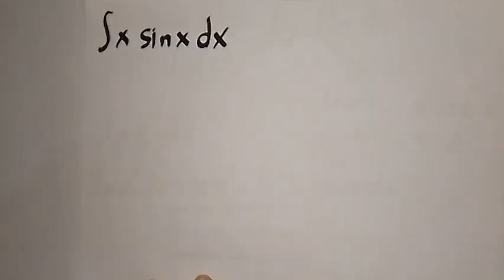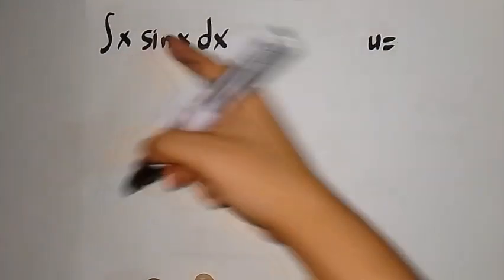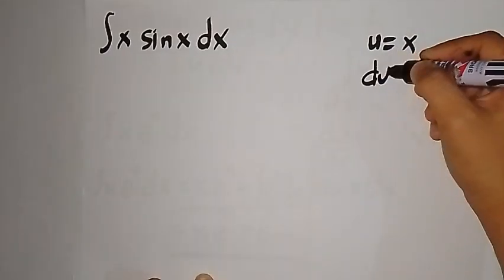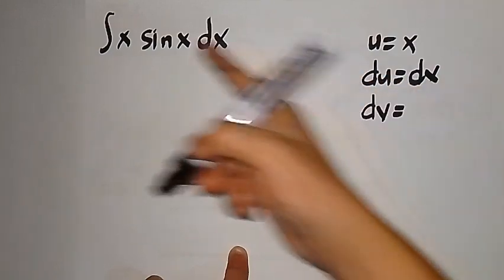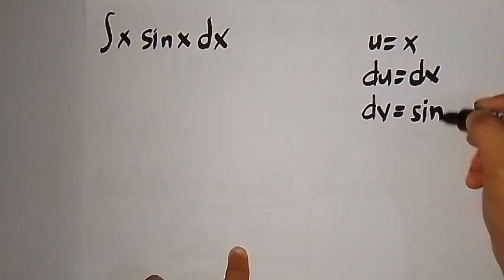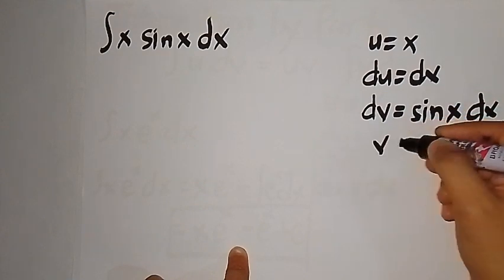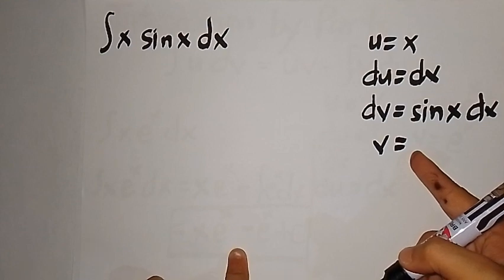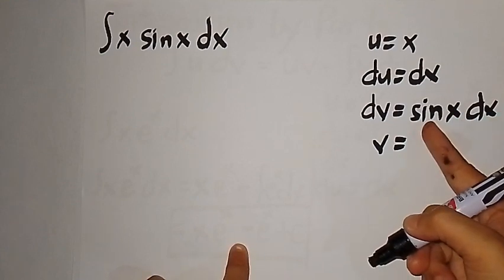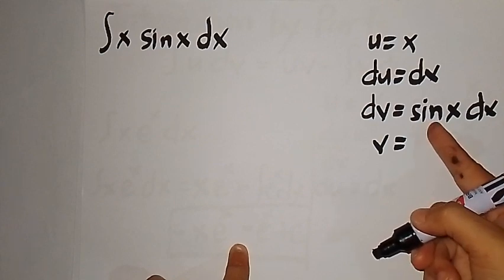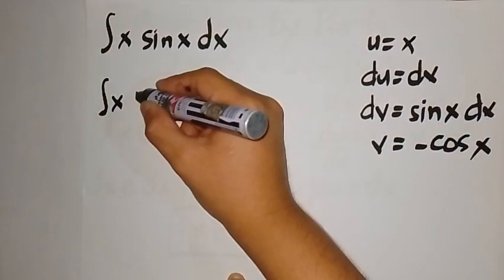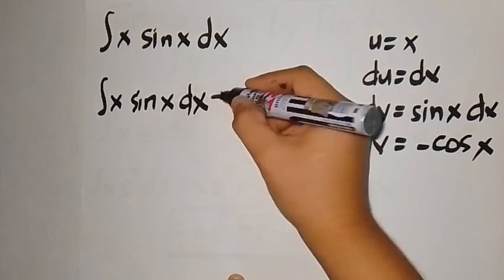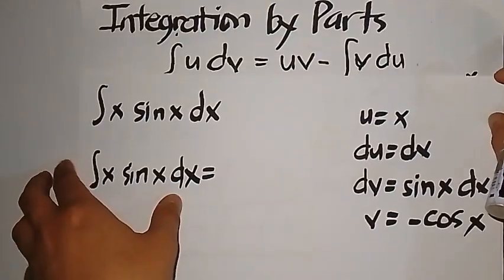Again, label the parts: u as our x and du as our dx, and dv is simply just this one, sine x dx, and for v, which basically means the integral of this one, this is equal to negative cosine x.